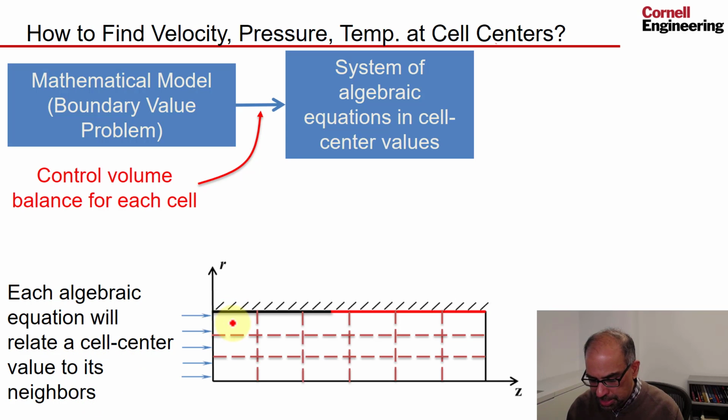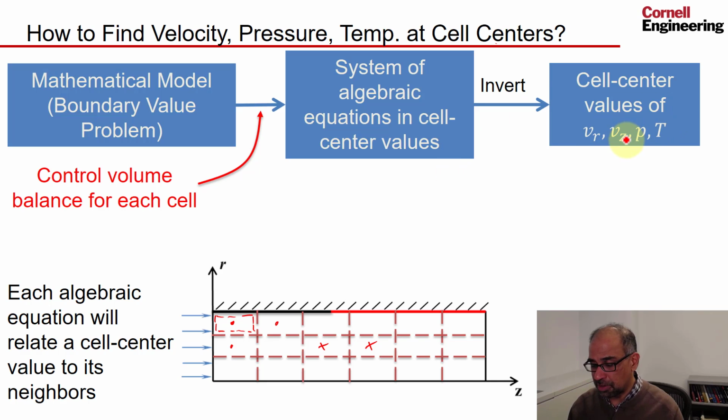So if I do mass conservation for this cell, so that would be my control surface, I would relate this cell center value to these cell center values. And this would be velocity if I do mass conservation. For instance, this cell center value will not be involved and so on, and this cell center value. Which means that if you think of it as a matrix, it's a sparse matrix.